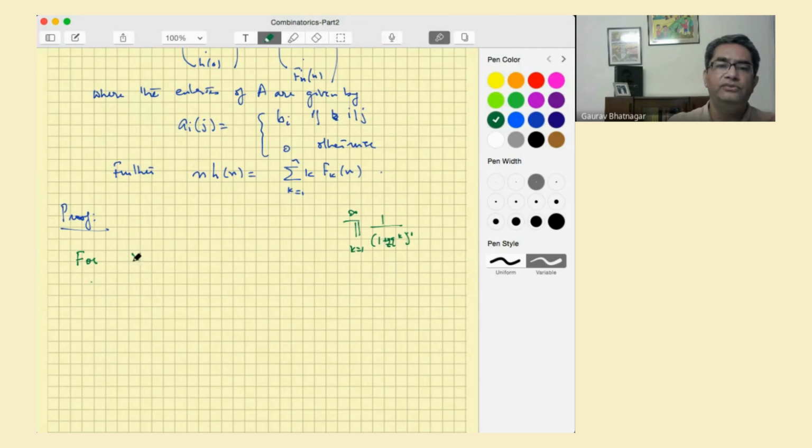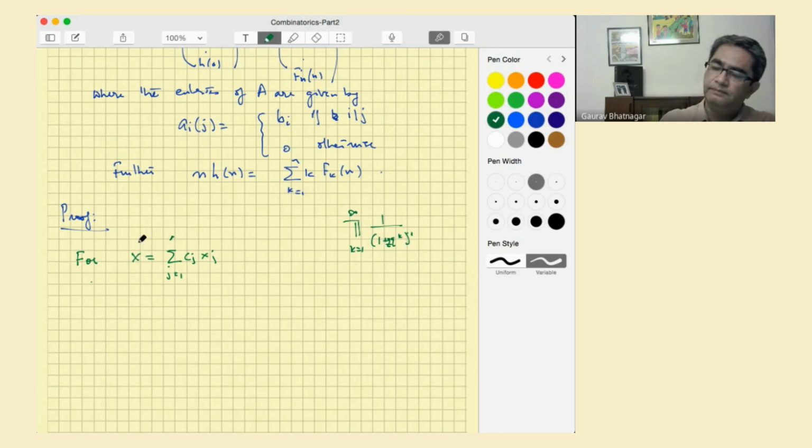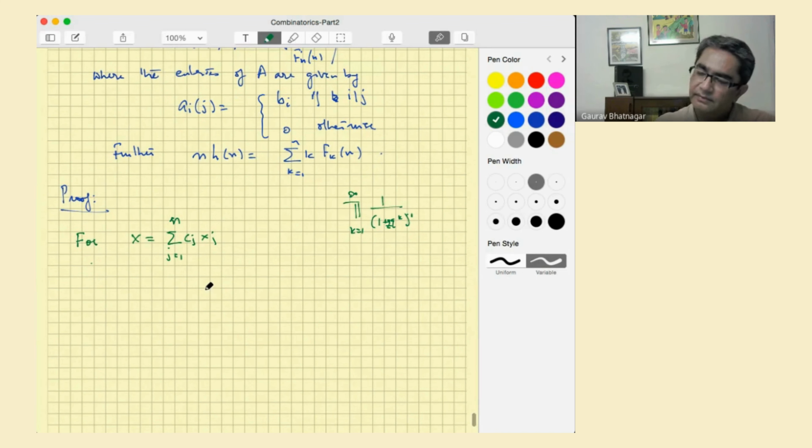So let's just go through it. For x equal to the summation of c_j x_j, j going from 1 to n, let x denote the number of hands in this thing.